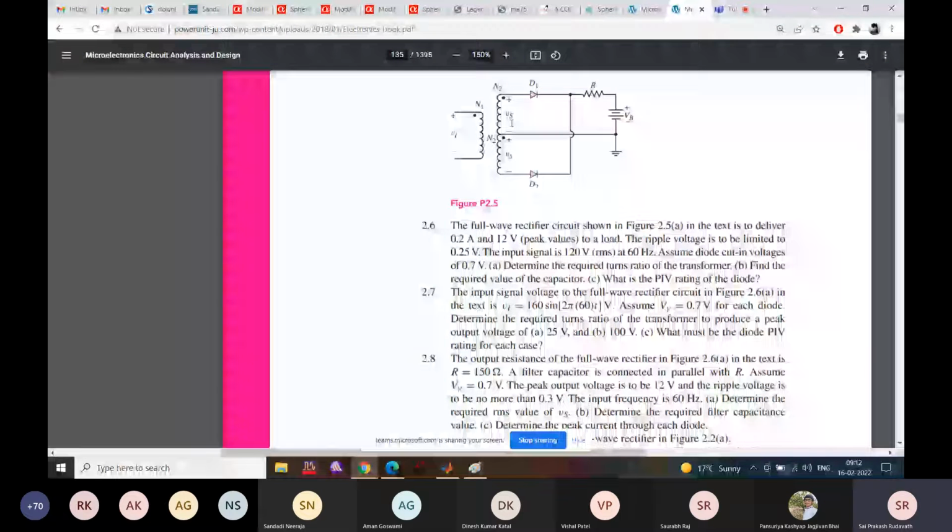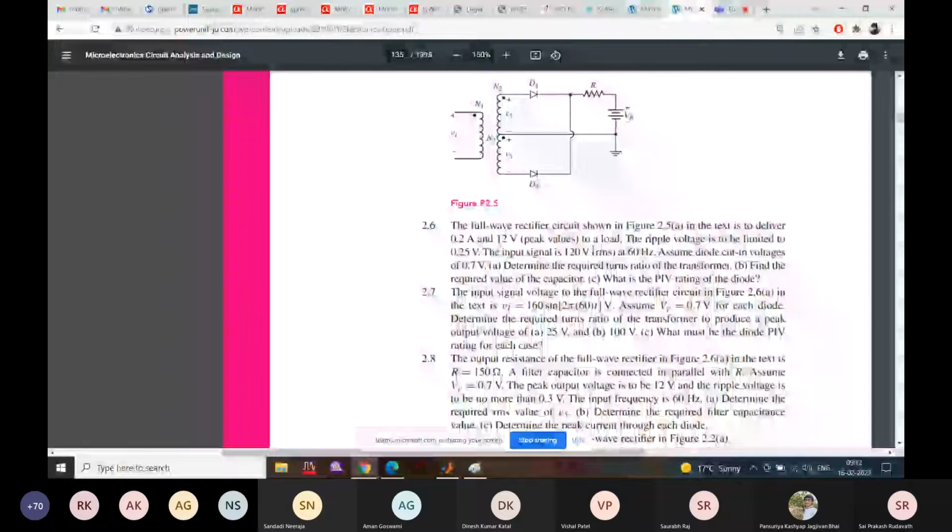Vs, voltage at D1, and we're getting a voltage of 0 at VB. What is the VB voltage? 12 volts, right? Yes, sir. So Vs minus 0.7 minus 12 is equal to 0, right? Yes, sir.